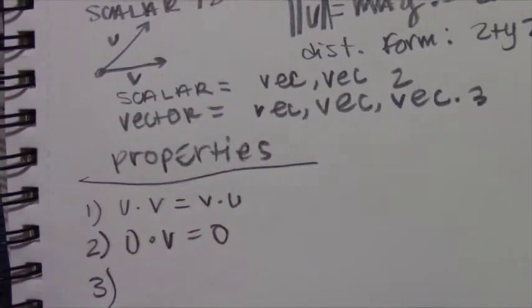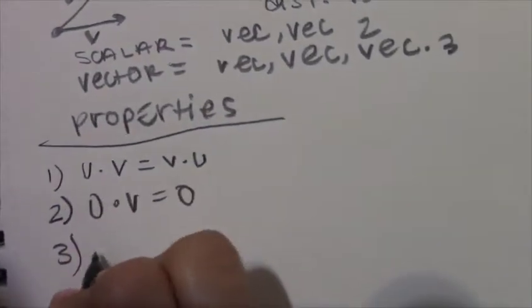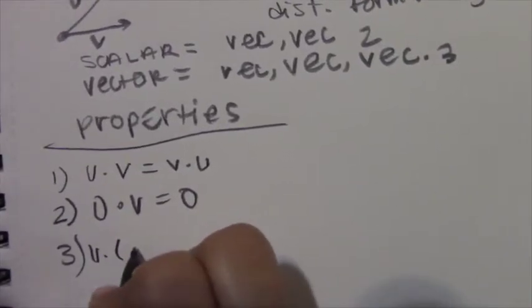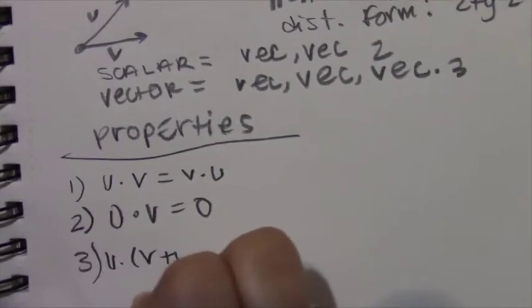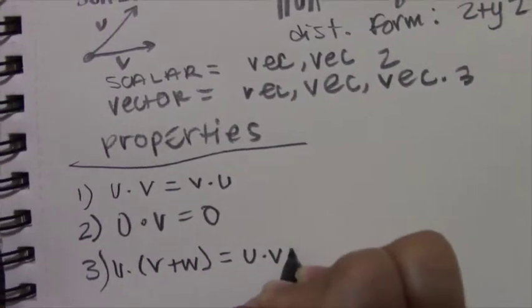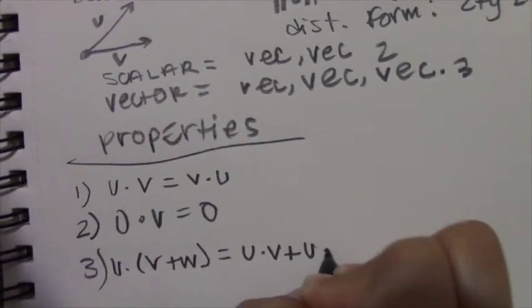Number 3 is U times parentheses V plus W equals U times V plus U times W.